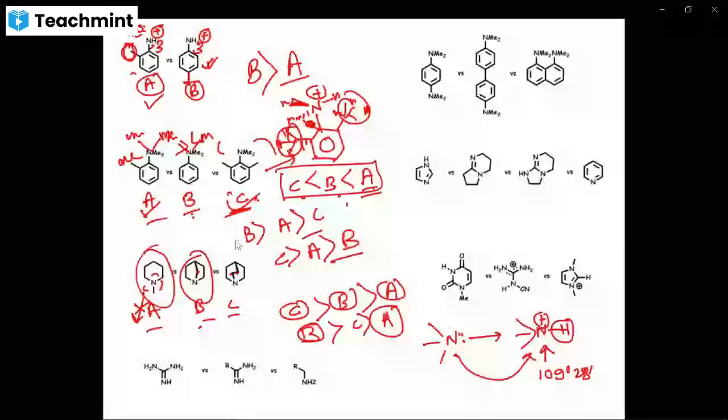About the directional property: if you draw the lone pair, here it is directed like this, here also it is directed like this, but here the actual structure will be something like this, right?